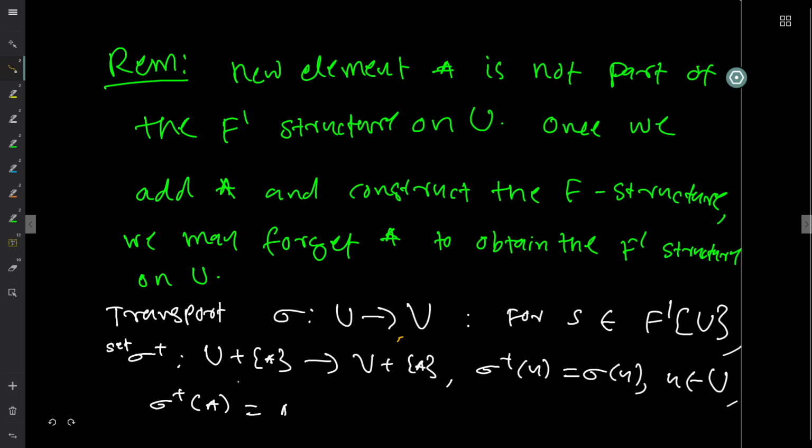You add star to each of U and V, such that sigma plus of u is sigma of u for every u in U, and sigma plus of star is equal to star. So star is always mapped to star by sigma. If you make sure that this is there, then the transport of the structure along sigma can be carried out without trouble.